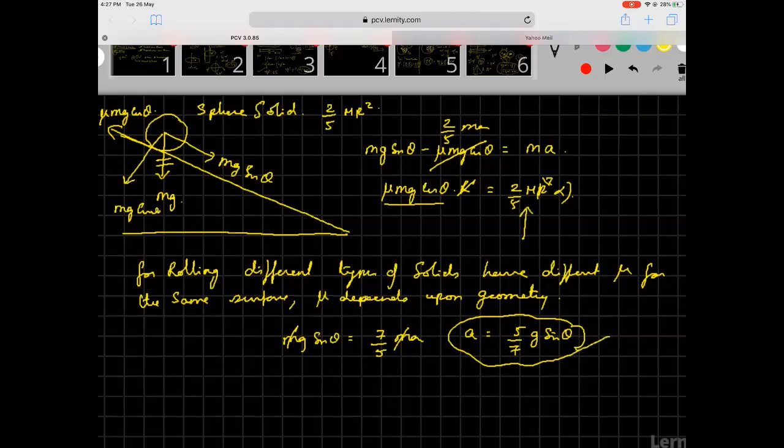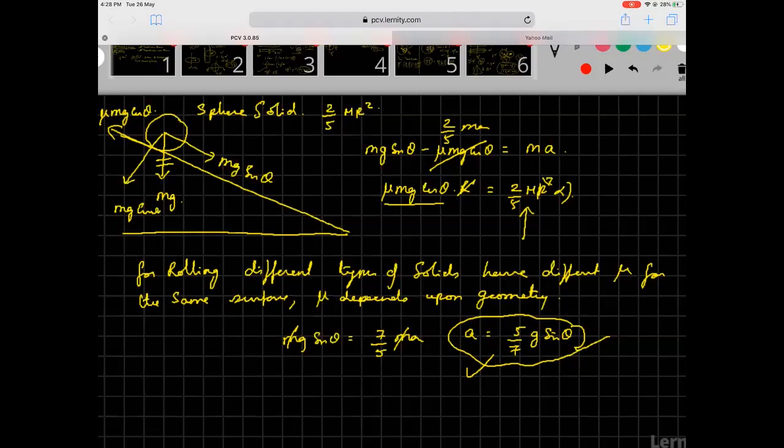Because of this difference in moments of inertia, the accelerations will be different for different solids. So you can work it out. A is equal to this much. Once A is equal to this much, I can now work out something else also.